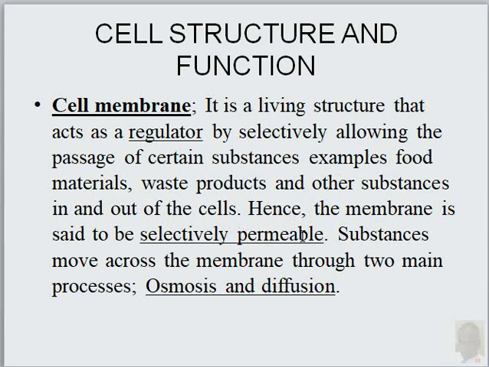The word permeable here means porous, the ability for things to pass through it. Because the membrane is selectively permeable, it will allow certain substances to pass through, others might not, and this selection may be done due to size and the charge of the molecules inside and outside of the animal or plant cell.